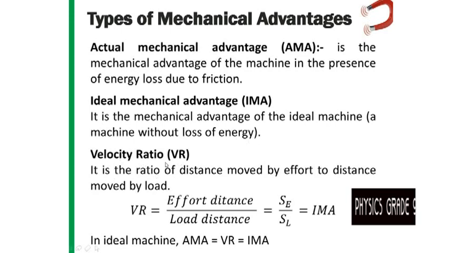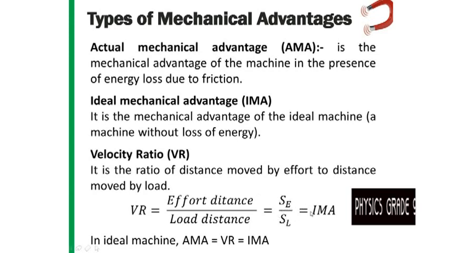Now, the velocity ratio, VR, is the ratio of the distance moved by the effort to the distance moved by the load. And we can represent it in this way. In other words, VR, the velocity ratio, is equal to the distance moved by effort divided by the load distance. And we can write that as SE over SL.